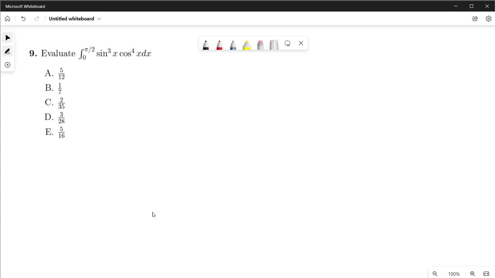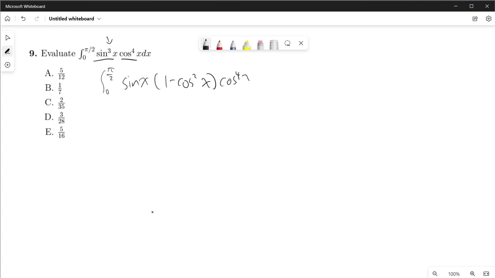For number 9, we have a pretty classic trig integral question. See here, with sine and cosine, and sine has the odd power. So in this case, I want to convert most of the sines into cosines, and just leave one sine for that u sub that I'm going to do later. So here, I will convert a sine squared, leaving just a sine behind, to 1 minus cosine squared.